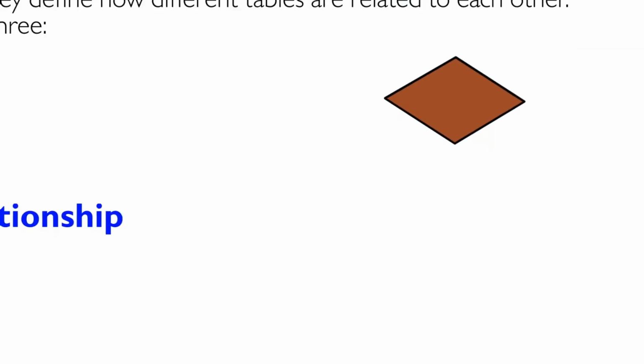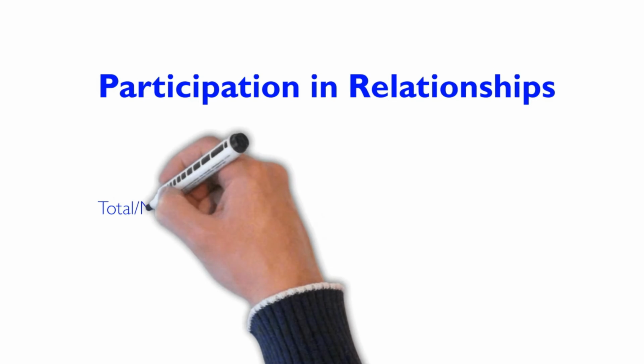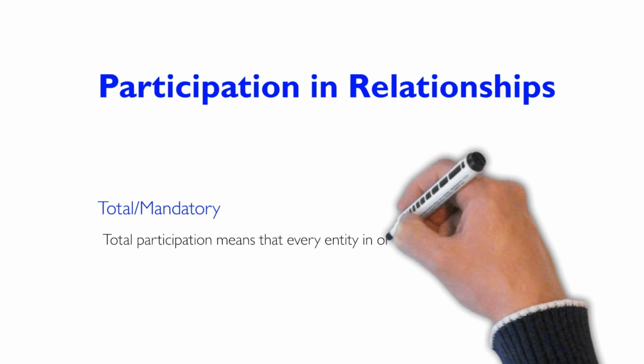In a relationship, an entity can participate in it optionally or mandatorily. So as the name optional suggests, right, when there is a relationship, an entity doesn't have to participate. Now, the mandatory participation can also be considered as total participation.